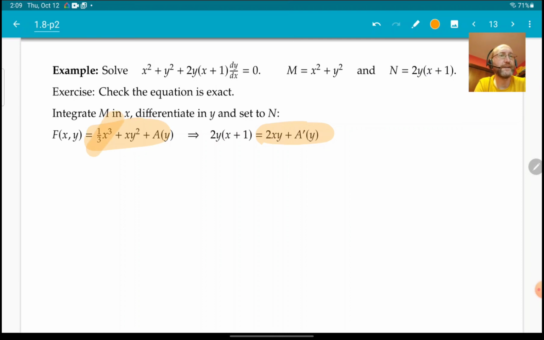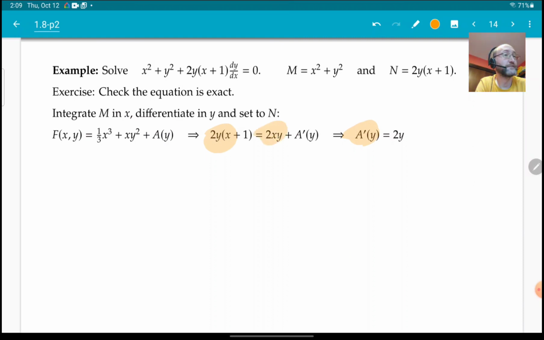This x cubed term goes away. Over here, the x y squared gives you 2xy, and this A, whatever it is, differentiating in y, is A prime of y. And that thing is supposed to be equal to N, so that's the N here. So therefore, if you do a little bit of algebra, I get 2yx, just 2xy.